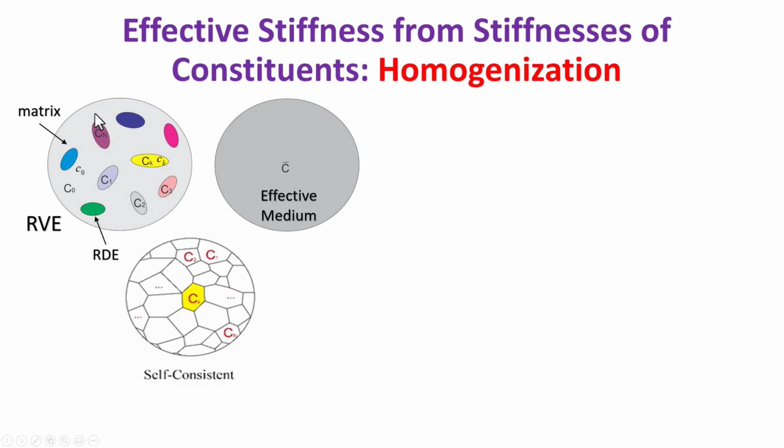Given a heterogeneous material on the scale of a representative volume element, the material is made of a matrix, the C0 phase, and many inhomogeneities, or commonly we call rheologically distinct elements, RDEs. C0 stands for the stiffness of the matrix, and C1, C2, etc. stand for the stiffness of inhomogeneities.